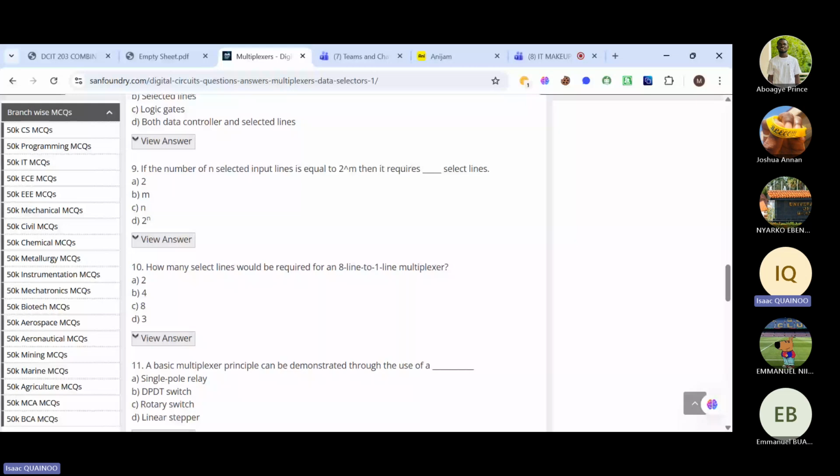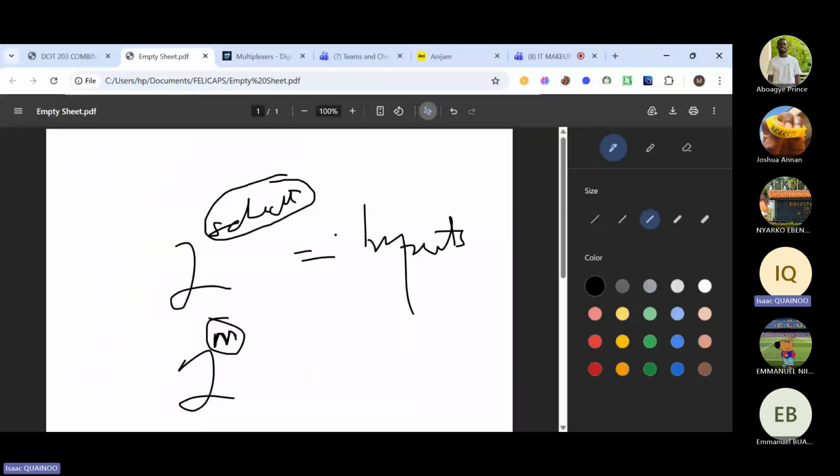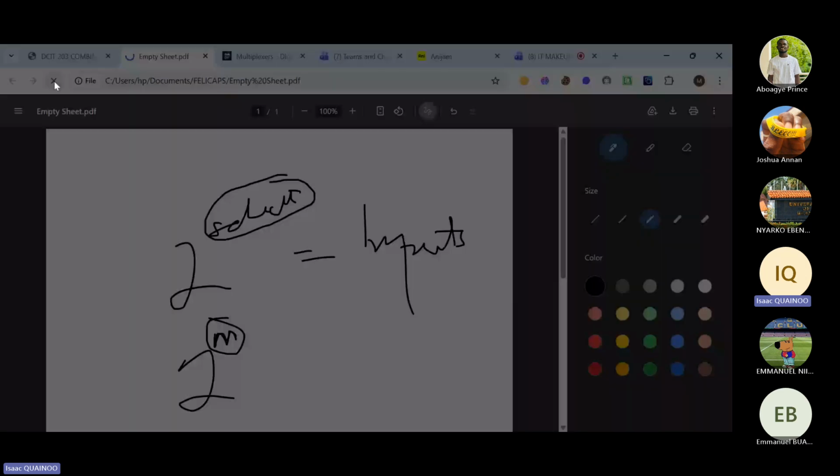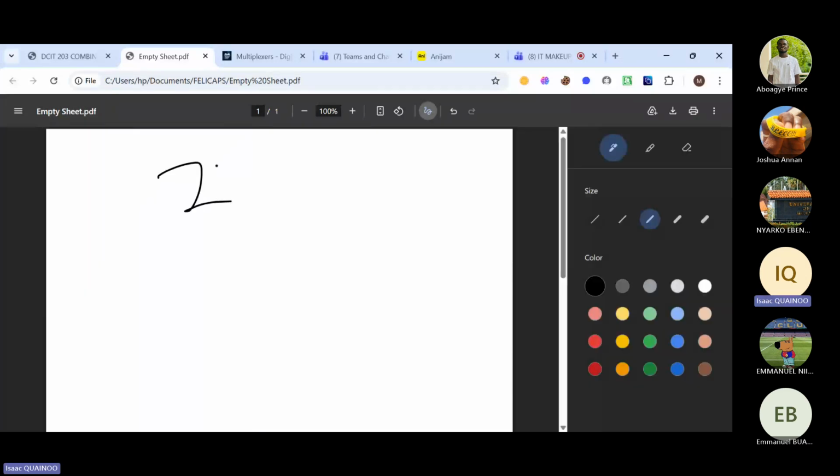So we can write this mathematically as 2 raised to the power n is equal to inputs.